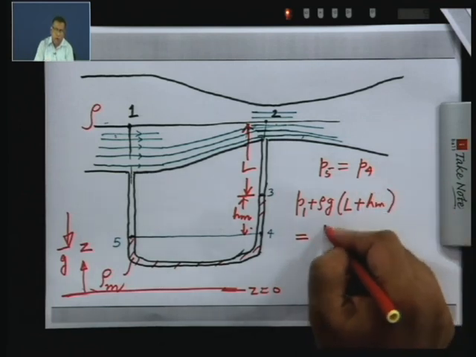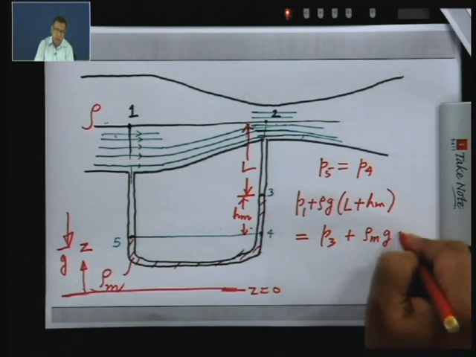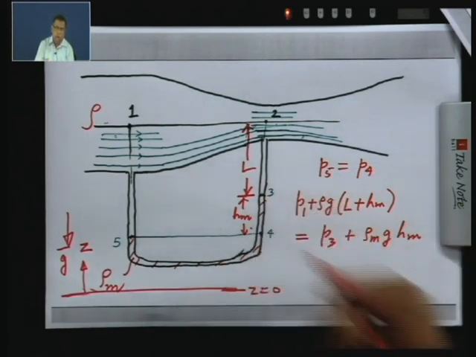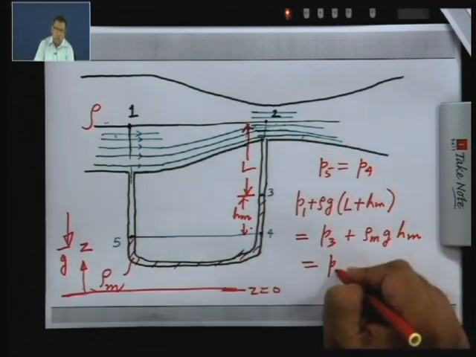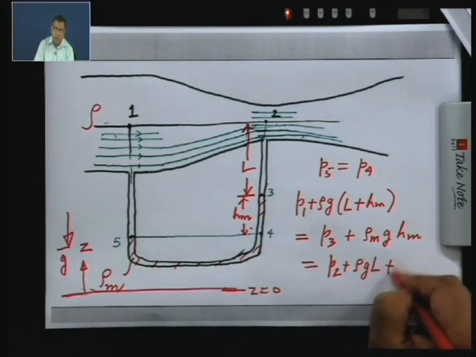Now, P 4 is P 3 plus rho m g H m, because this column of liquid is at rest. Now, P 3 I can write as P 2 plus rho g L, and you have this rho m g H m.